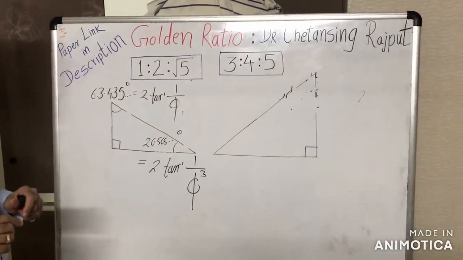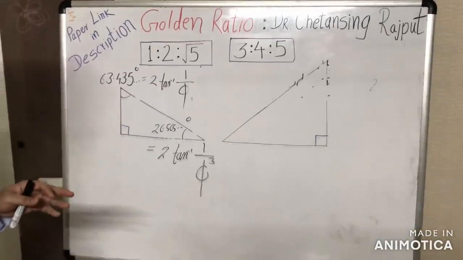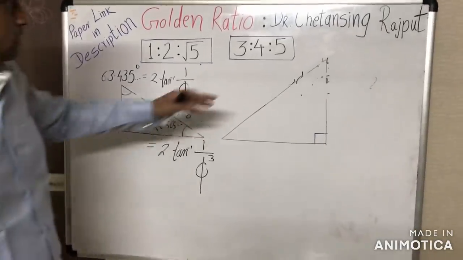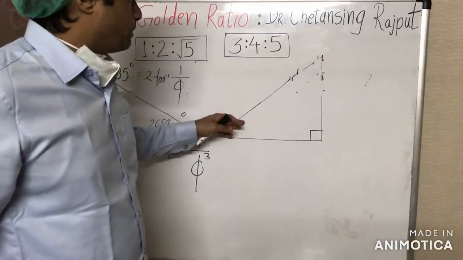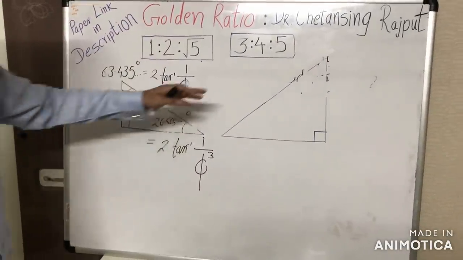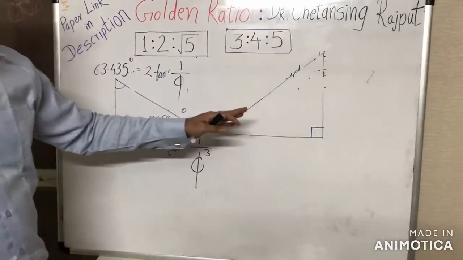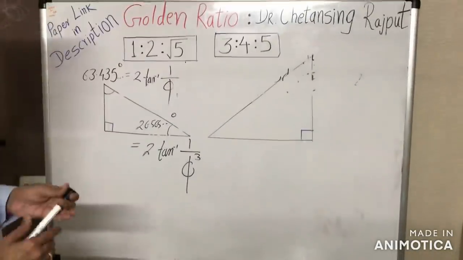More important thing here is, not just these 2 triangles, but the acute angle of the 3, 4, 5 Pythagorean triple can also be expressed in terms of the golden ratio.